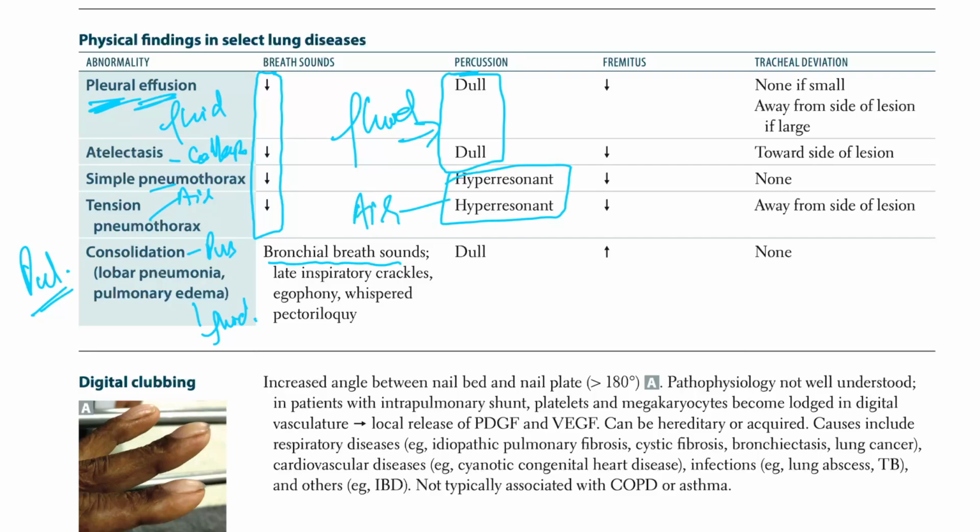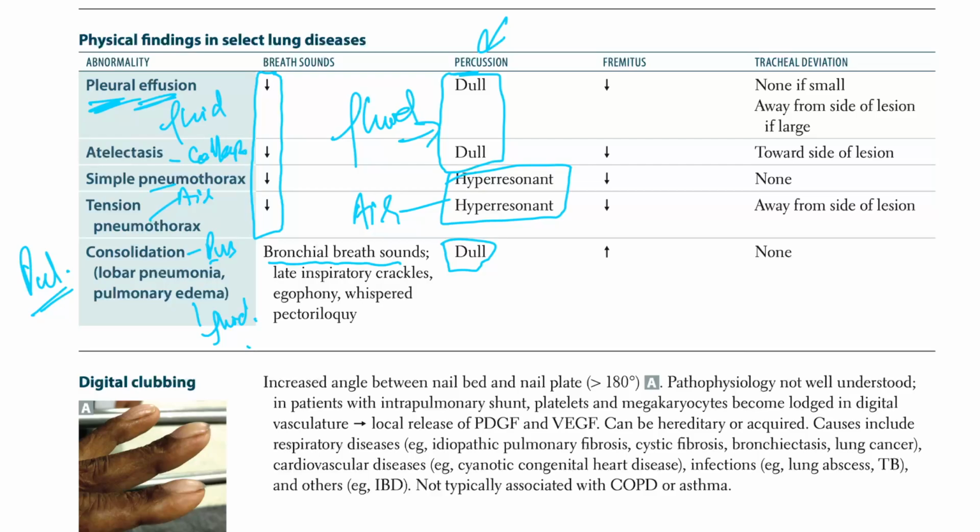So with the pneumothorax, either simple or tension, you will feel the air. So that's hyperresonant. And here, again, same thing as dull, because it is pus or fluid, so consolidation is dull on percussion. So what do we learn? In percussion, anything fluidy is going to be dull. Anything airy is going to be hyperresonant.